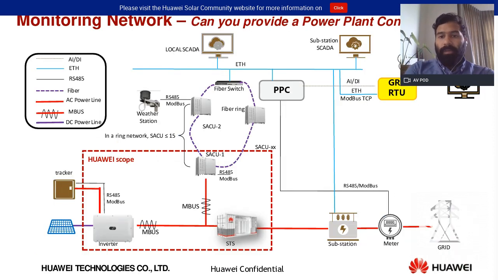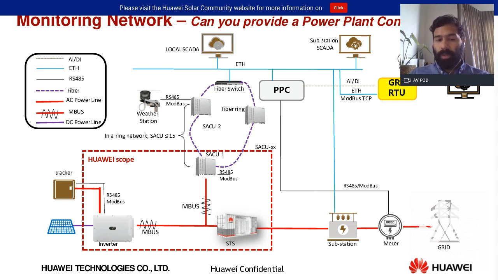So in terms of a PPC, a power plant controller, we also get a lot of questions about whether we provide this. Unfortunately, we don't. This is equipment that is outside our scope. At the moment, we only provide inverters, transformer station, and a data logger to log all the parameters of the inverter and the transformer.